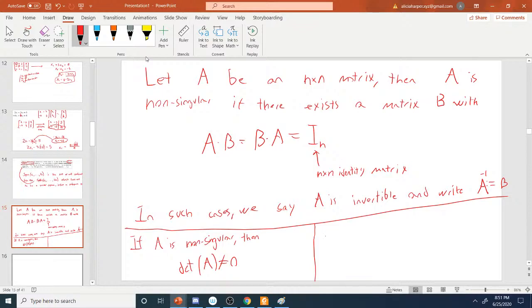Furthermore, if A is non-singular, then AX equals B has a unique solution for any B.